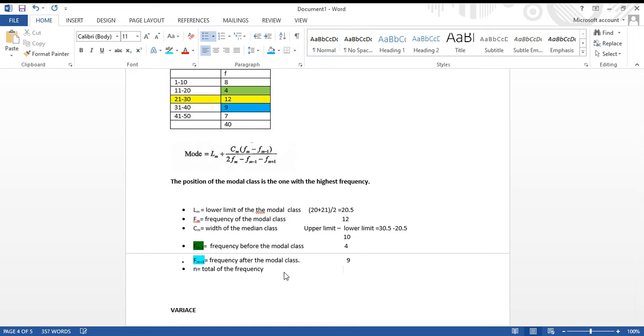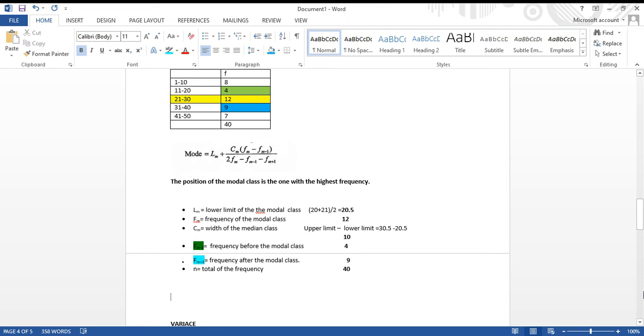Now we've got all the values that we need. We have the lower limit of our modal class, the frequency of our modal class, our class width, the frequency before the modal class, the frequency after the modal class, and our total frequency. So we can put it into the formula.